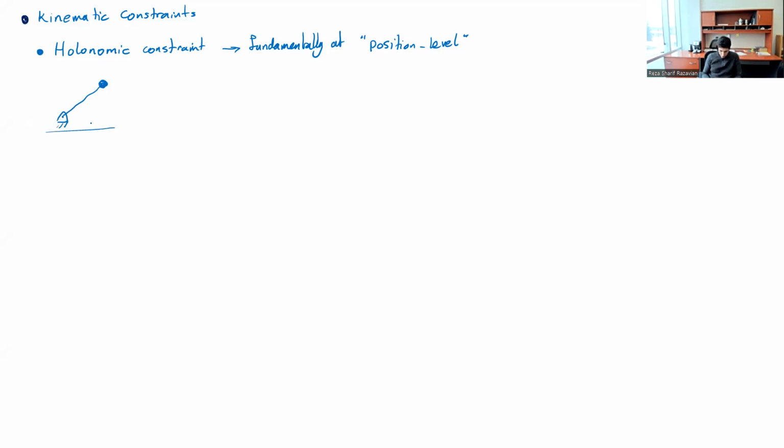Before I could describe it by coordinates x and y, but now I have added a joint to the system, and the joint acts at a position level because this x minus the position of, like, x of O, let me call it this way.